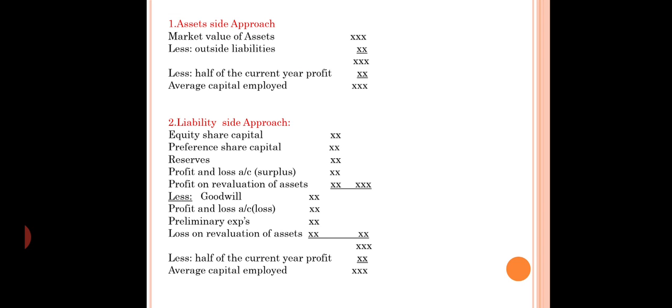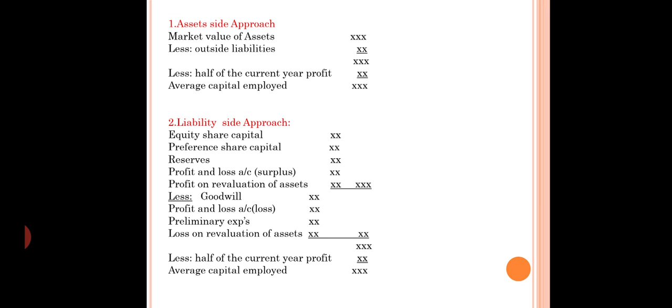average capital employed. Here, all the assets should be considered, except the goodwill, preliminary expenses and the losses. It means the fictitious assets should not be considered under the market value of assets.